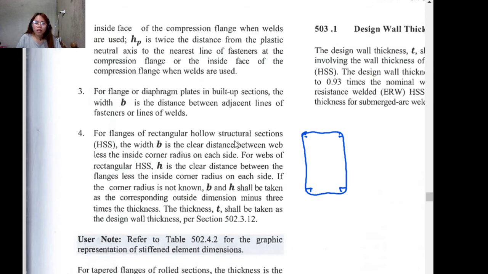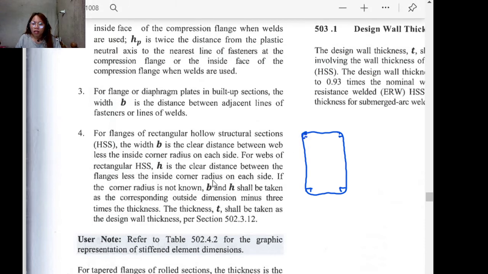Now, for flanges of rectangular hollow structural sections, HSS, the width b is the clear distance between webs less the inside corner radius on each side. For webs of rectangular HSS, h is the clear distance between the flanges less the inside corner radius on each side. So this is the width and the height: the clear distance minus the corner radius on each side.